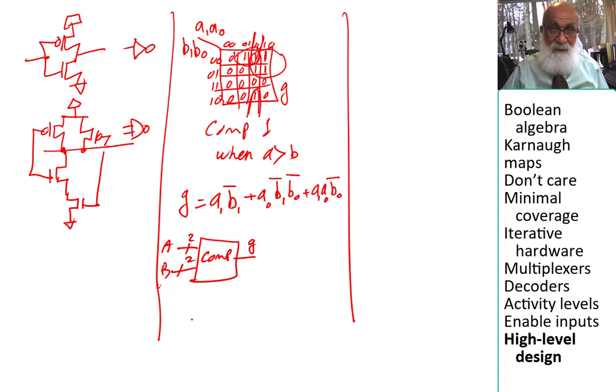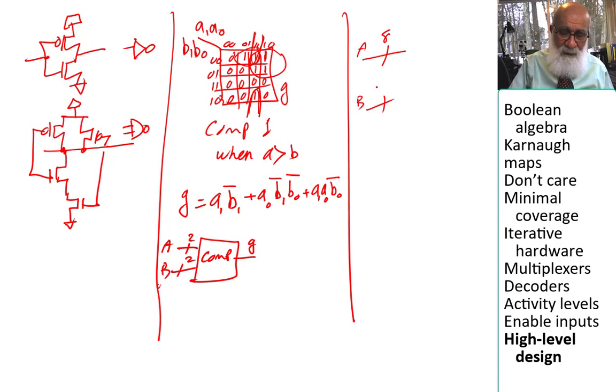But when I have a larger design, I cannot always go back down to gates or transistors. I like to think of it this way: here is an 8-bit input A, here is an 8-bit input B, and I need a comparator to compare A is greater than B.